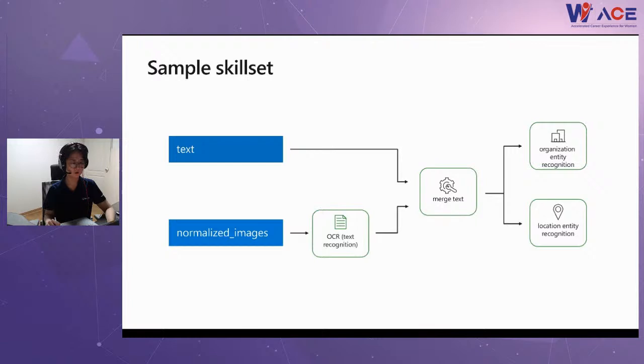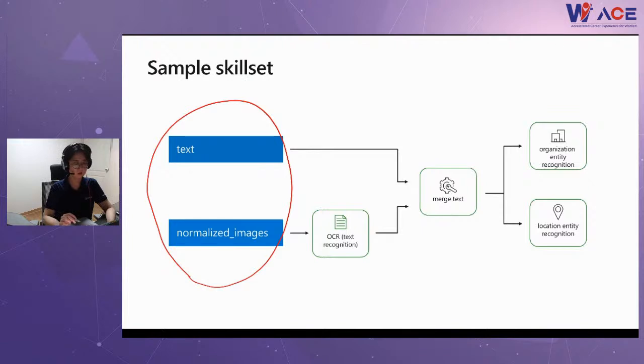Let's see how it works. During the basic document cracking period, we can detect the text and images. First, you need to run the OCR to extract the text from images too, so you can add additional contents or additional insights to the text.